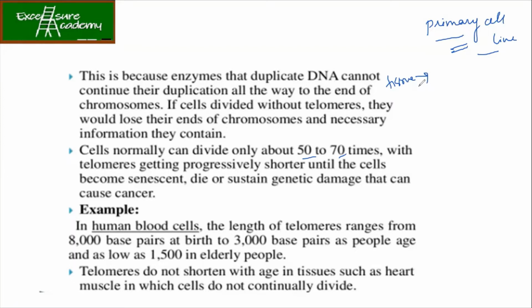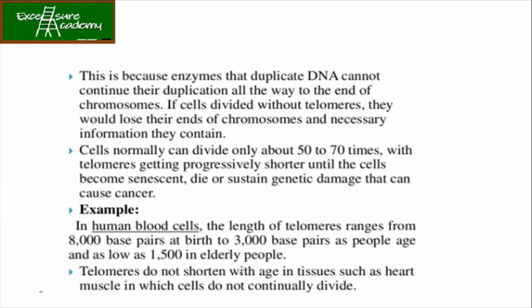Like if you lose the cell, or because of some drug you added the cell is dead, then again you have to start from the tissue. So that's why it becomes a little difficult. Okay. Now we know why the cell is dying: because the telomeres are getting shorter, and later they die because of apoptosis. Now in human blood cells, the length of telomeres ranges from 8,000 base pairs at birth to 3,000 as people age.